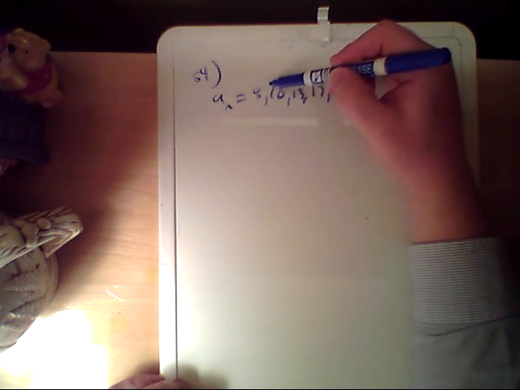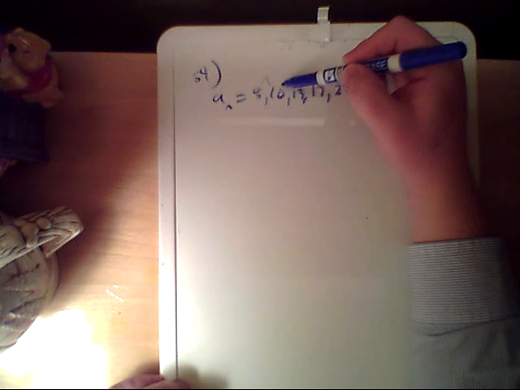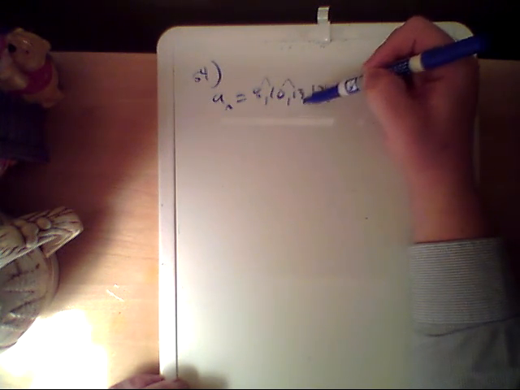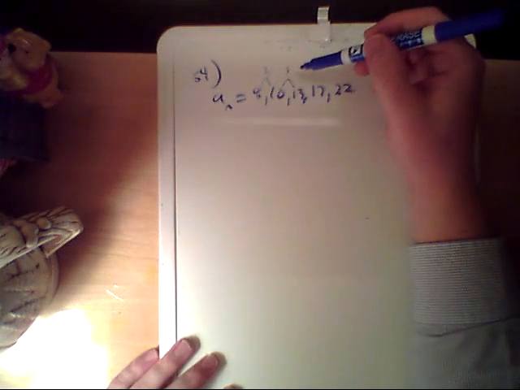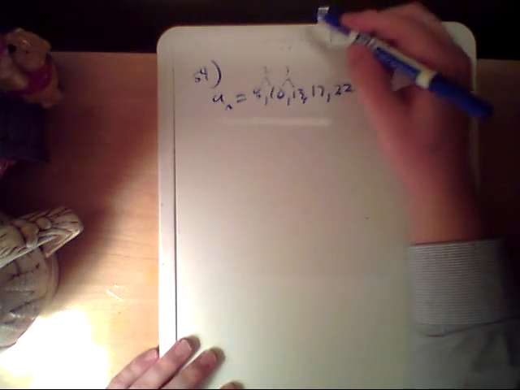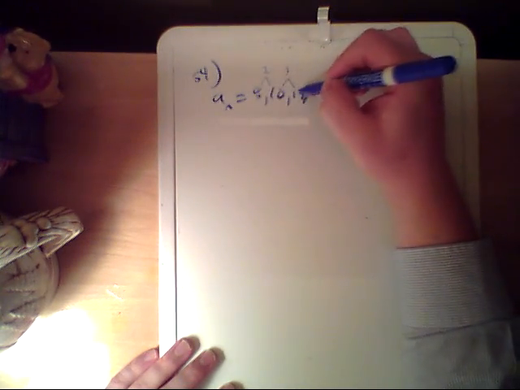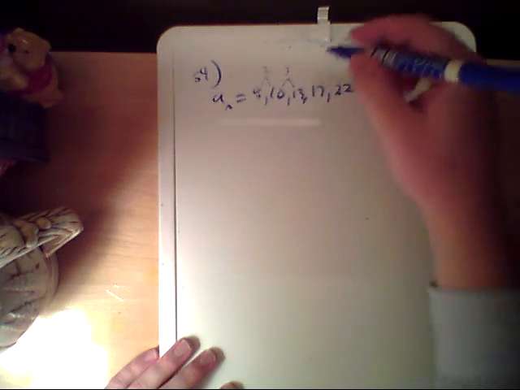We add 2 to get from 8 to 10, but we have to add 3 to get the next term. Right off the bat, that kills any chance of it being arithmetic, because we don't have a common difference between terms throughout.